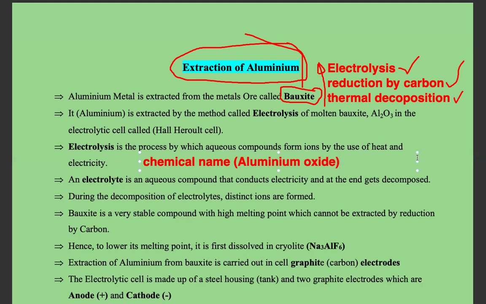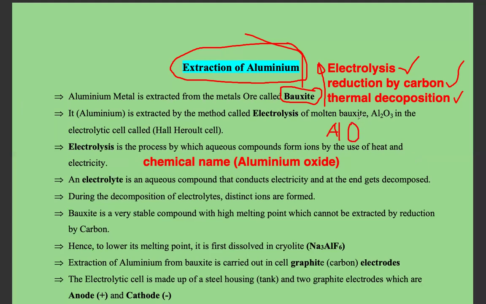It is from this chemical name that we will be able to tell the chemical formula. So the chemical formula for bauxite, whose chemical name is aluminium oxide: aluminium we understand, it's Al, has a valence of 3. Then oxygen, it's O, has a valence of 2.